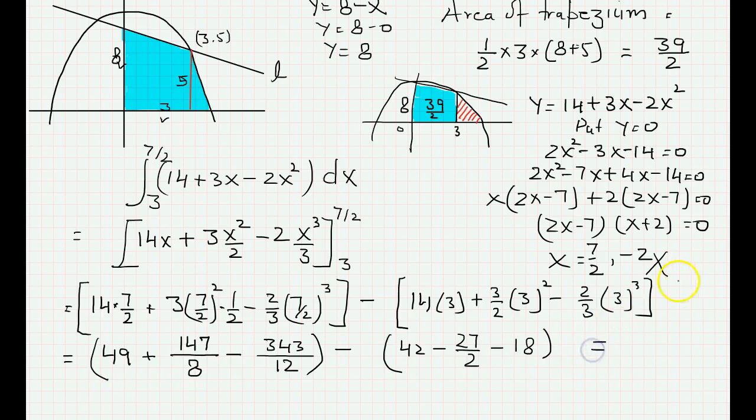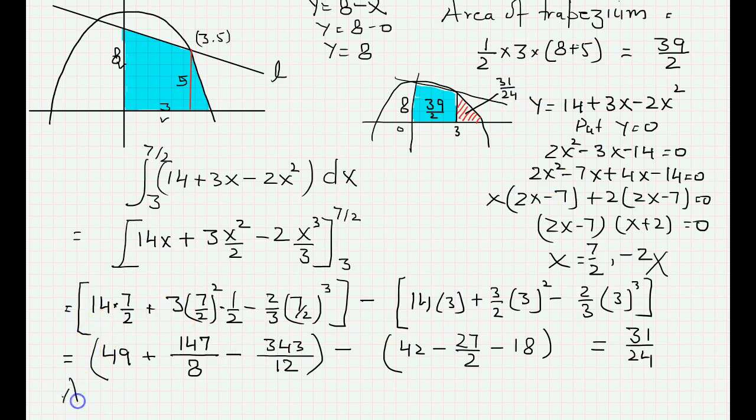So if you solve, you will get 31 over 24. So this area is 31 over 24.